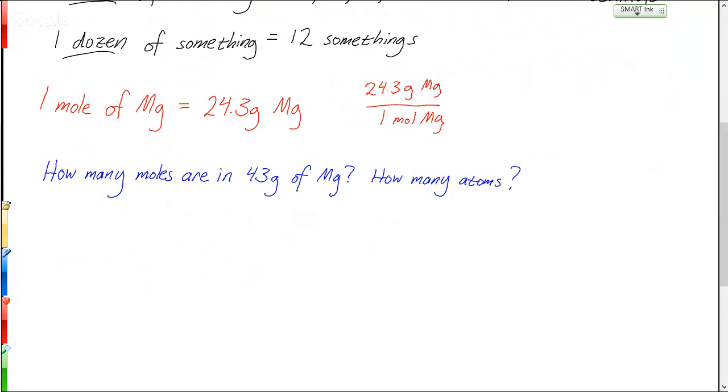So, but with just a weight and some of this information from the periodic table, we can actually count how many magnesium atoms we have.